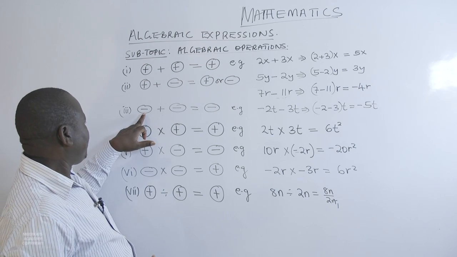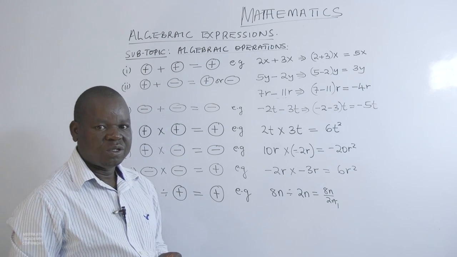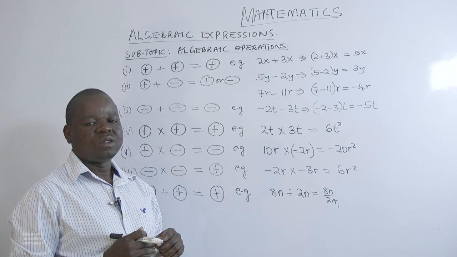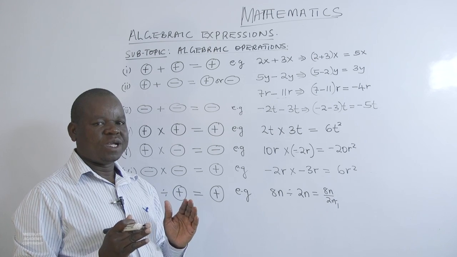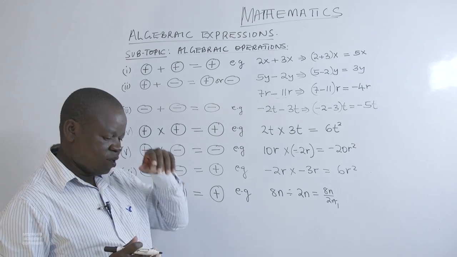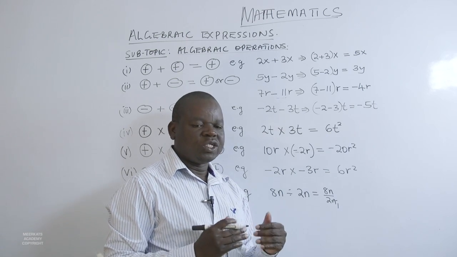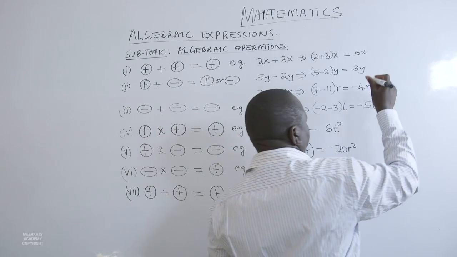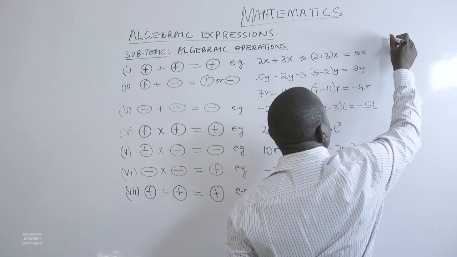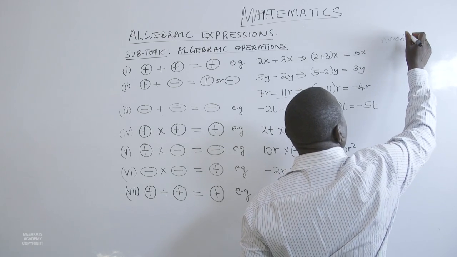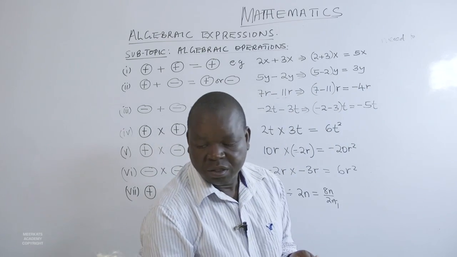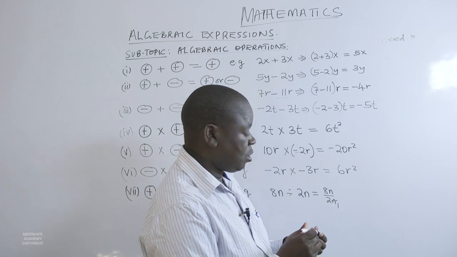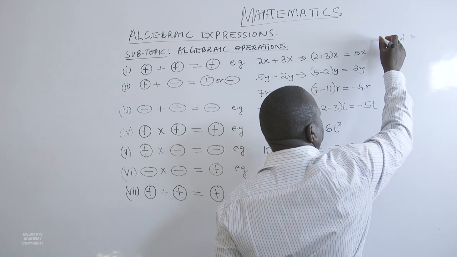Part 3, we have negative plus negative. I want to explain this in this way. You need to purchase 2 items.